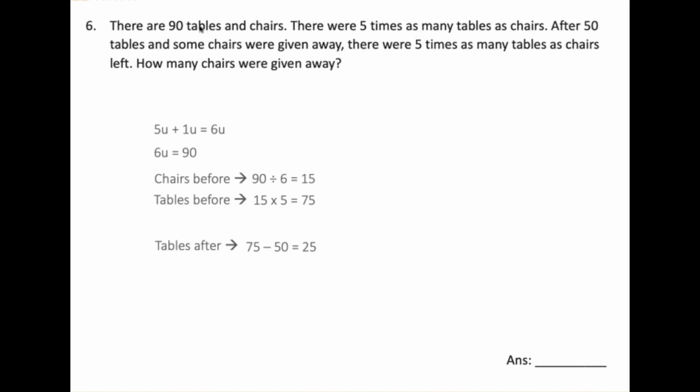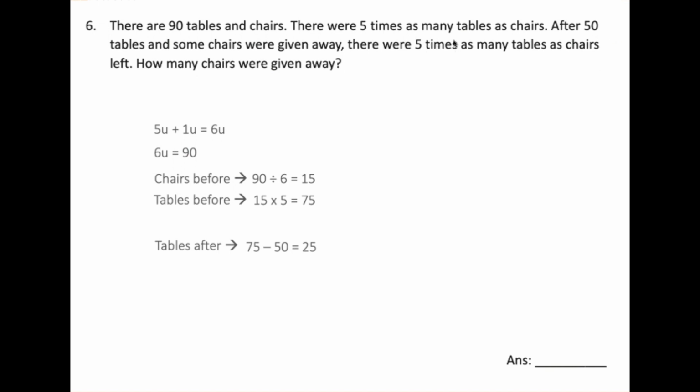Okay, let me continue. Now, what happens in the end? There were 5 times as many tables as chairs left. So in the end, the tables will be 5 units and the chairs will be 1 unit.